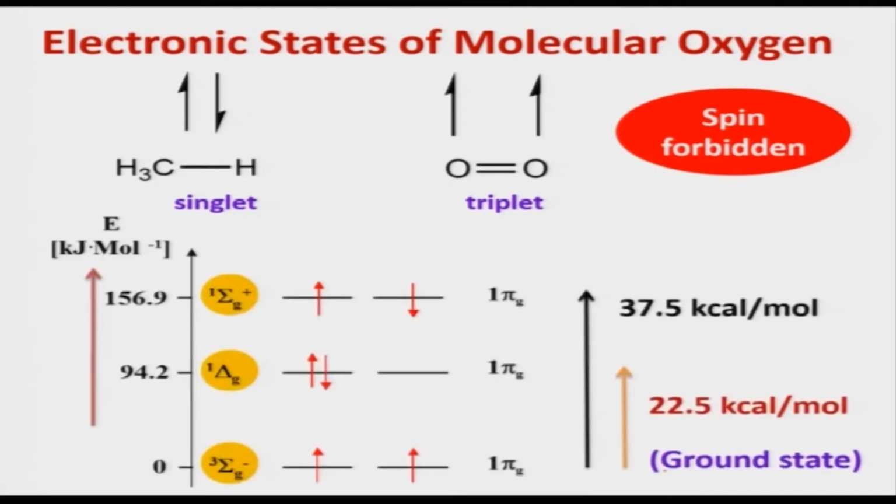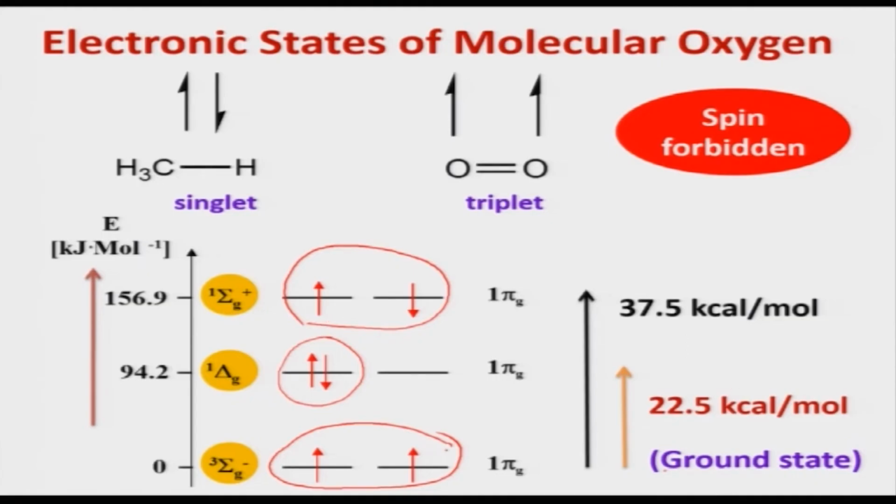If you look at this diagram, this is the ground state of dioxygen, shown here as a triplet state, and this goes to the singlet state, which is the first excited state, the delta state, with the help of 22.5 kcal per mole, and then the second excited state is the sigma state, which requires 37.5 kcal per mole.